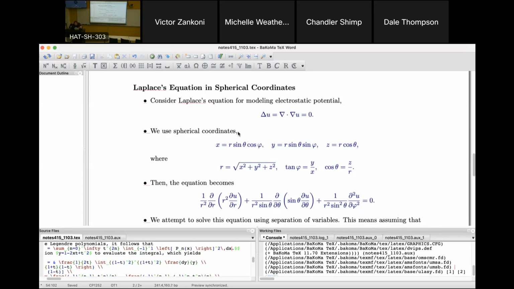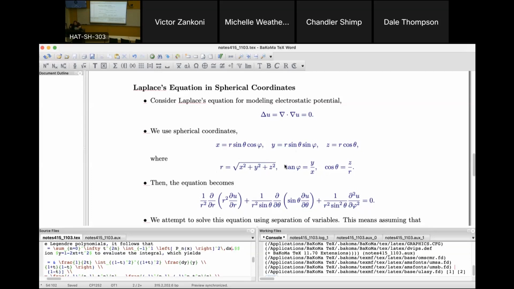So here we have our expressions for x, y, and z in spherical coordinates. And then going the other way to express the spherical coordinates in terms of Cartesian coordinates. Ways of writing these changes of variable can come in handy.